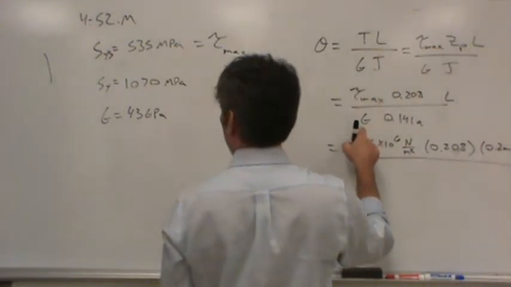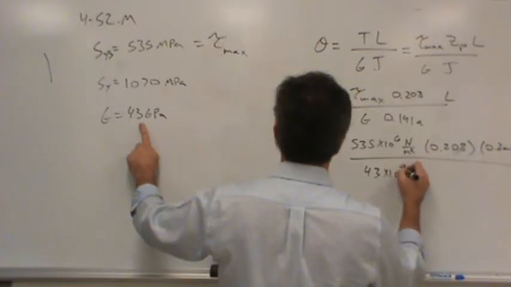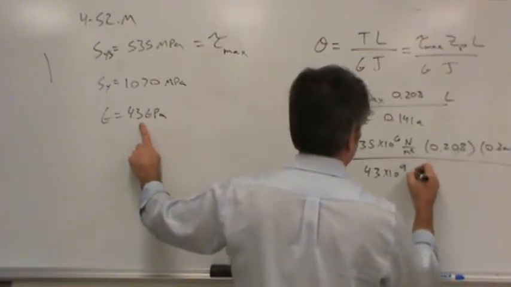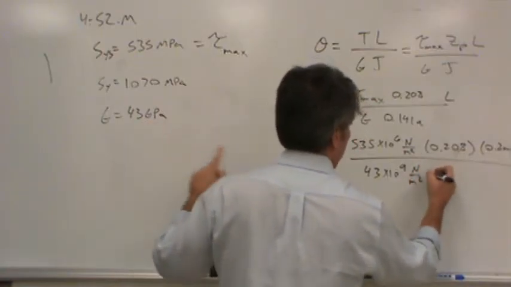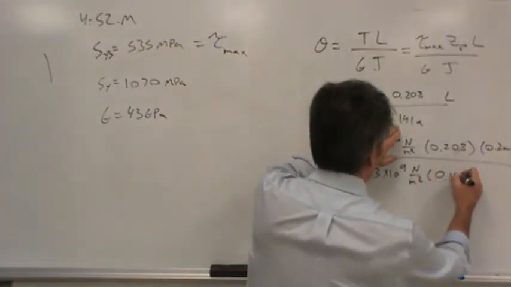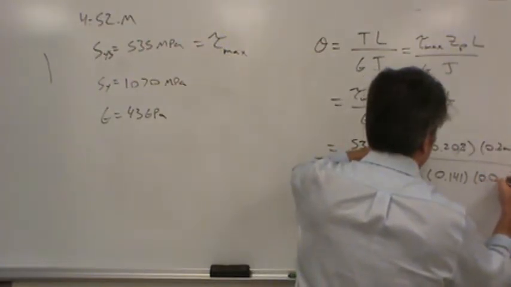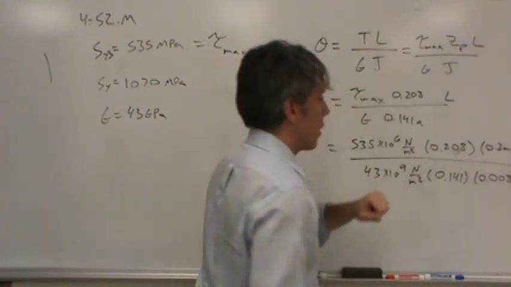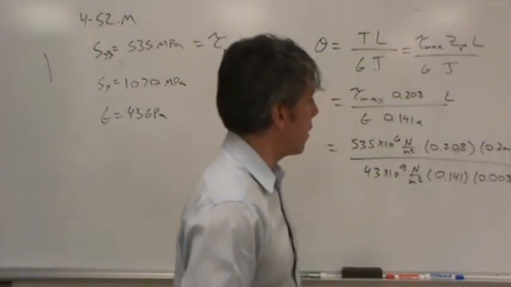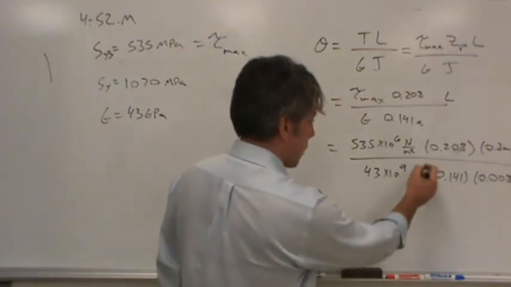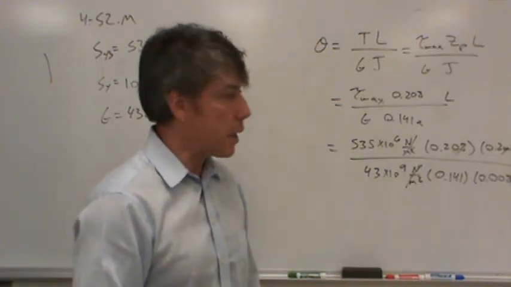Divided by G, we looked that up and found that it was 43 times 10 to the 9th pascals, so newtons per meter squared, times 0.141 times A, but A was 8 millimeters, which is 0.008 meters. I'm just converting all the units so everything will come out right. The newtons per meter squared will cancel, the meters will cancel. That's a good thing. This is coming out dimensionless like we expect.